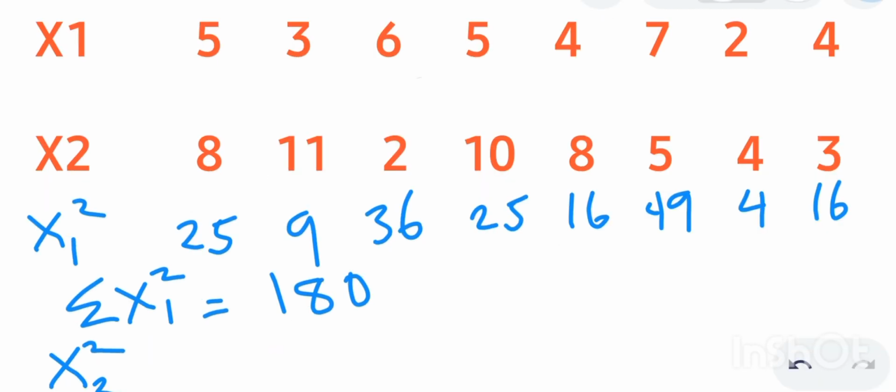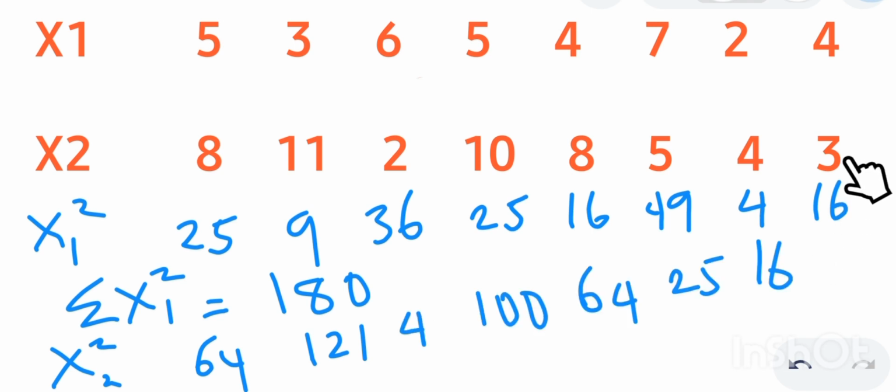So moving forward, we also expected to get the square for group 2. Call that ΣX2 square. For the first one, we have 8 square, which gives 64, followed by 11 square gives 121, 8 square gives 64, 5 square gives 25, 4 square gives 16, and lastly 3 square gives 9.